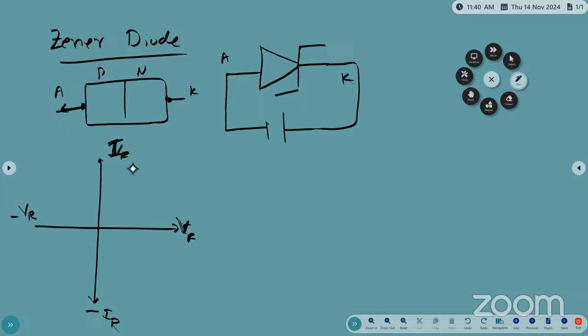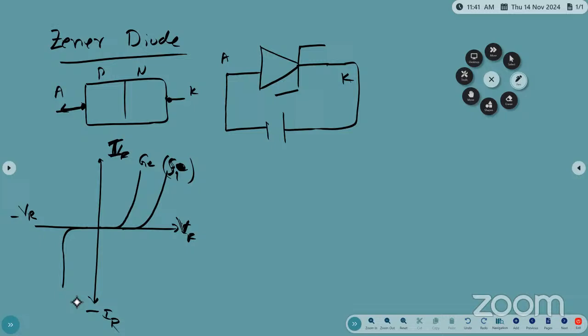So under forward bias, the Zener diode is the same as the PN junction diode, with germanium and silicon. Next, coming to the reverse bias.